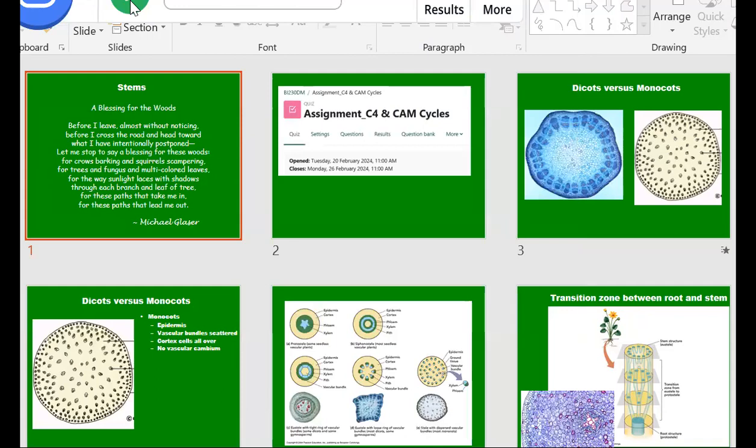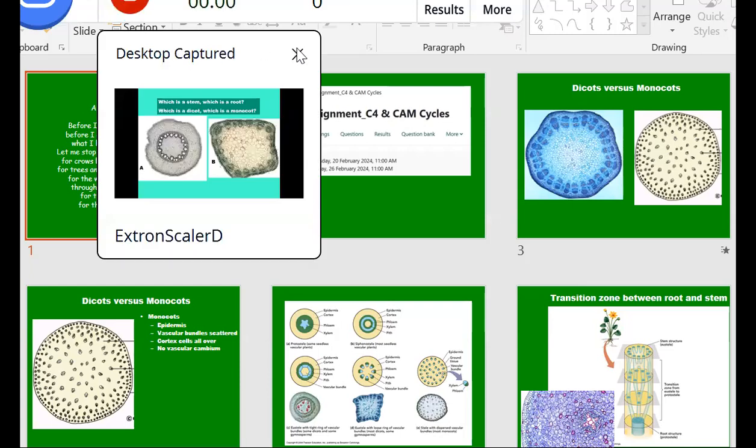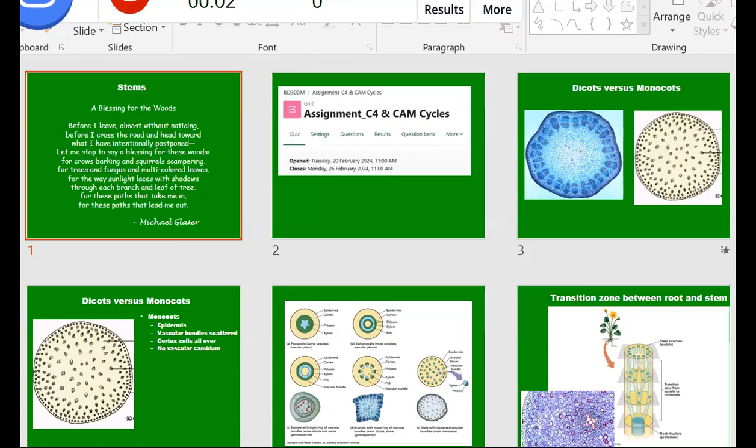Okay, let's do another clicker, and this time I'll be more clear, I hope. So now the next question is, looking at A or B, which one is a monocot? Which one is a monocot?